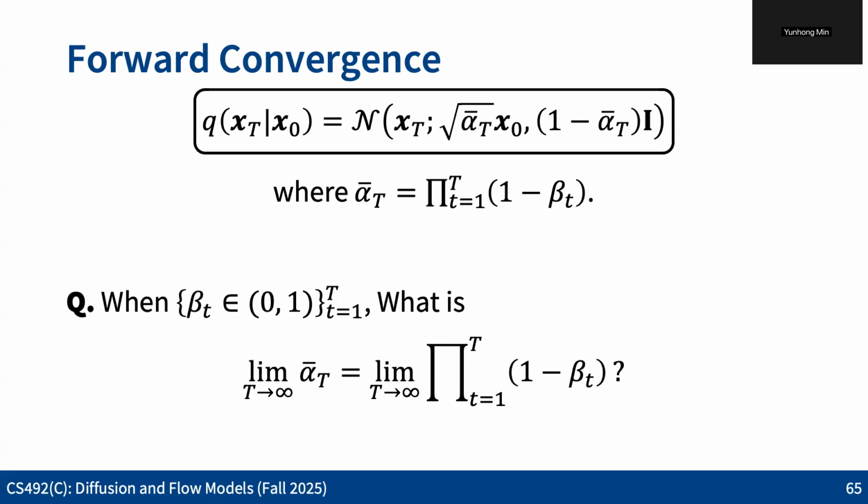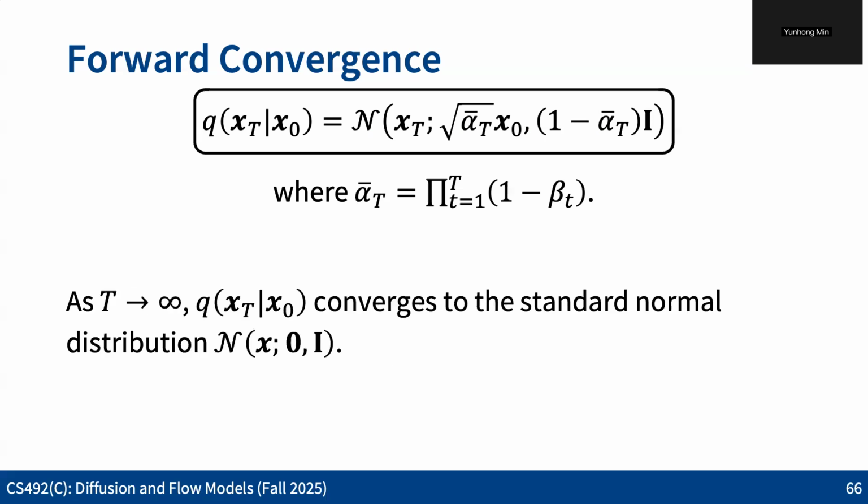Which means that as we have multiple steps in the forward process, naturally by definition of the forward transition distribution, this posterior distribution will get closer to the standard Gaussian distribution. And that is aligned with the VAE's ELBO function, right? So by definition of the forward process, that is naturally maximizing the ELBO function. So you can see why we defined the forward process in that way.